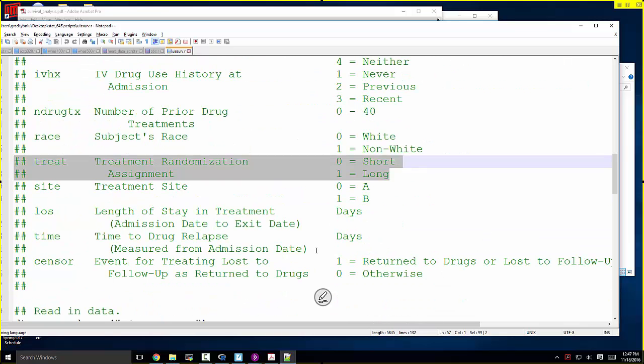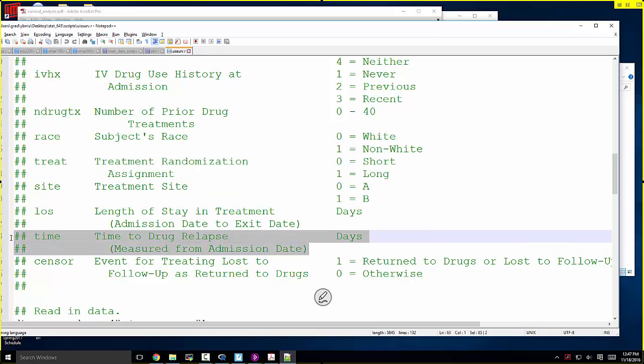The event time, these are survival data, time to event data. The time to event is the time to relapse on the drug usage. These are all people who have been using drugs. They are being treated with either a short-term or a long-term intervention. And what we're interested in is how long until relapse. So it's not survival in this case, but it's relapse.